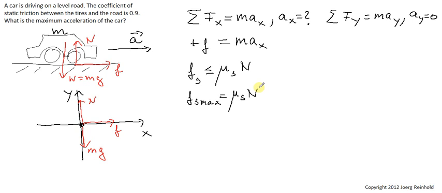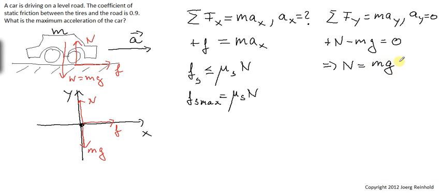So let's look at the y direction. In the y direction, we have acting in the positive direction the normal force, in the negative direction the weight, and that equals 0, because the acceleration in the y direction is 0.